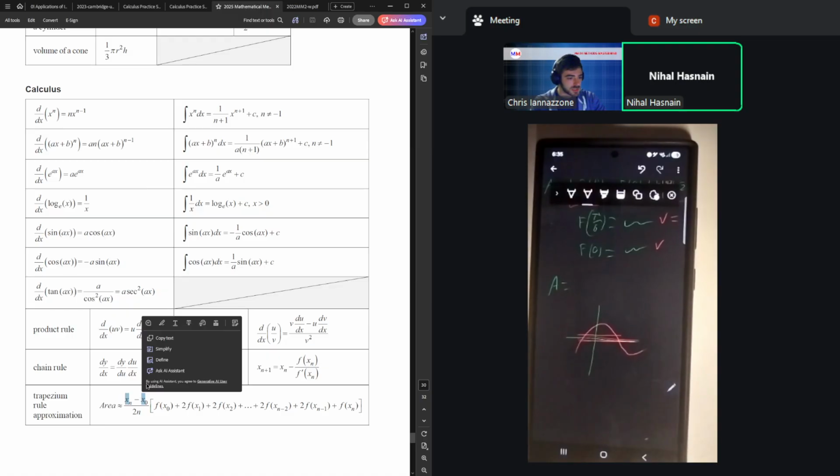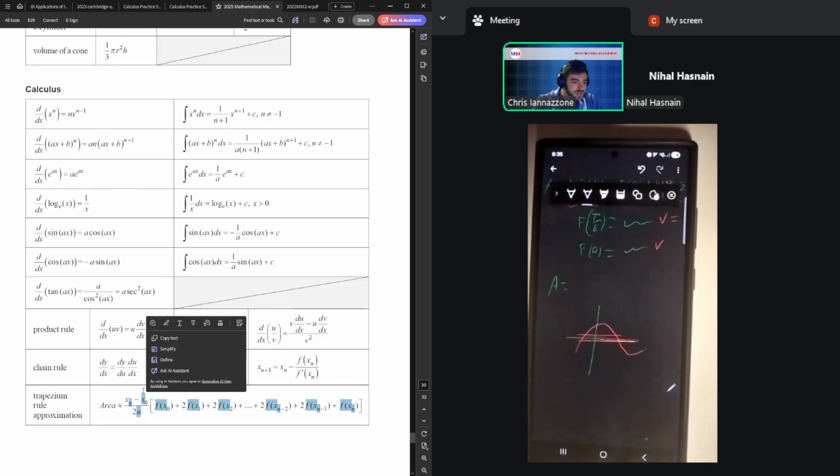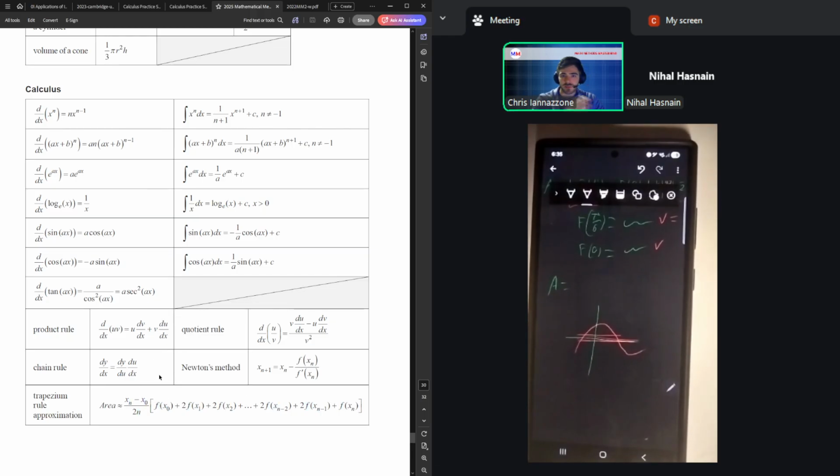The subscripts basically tell you what x coordinates they're talking about. All of them start at x0. Whatever's the leftmost x coordinate in your domain is going to be x0. Whatever's the rightmost is going to be xn, where n is essentially the number of shapes that you're using. Let me pull up something for reference.